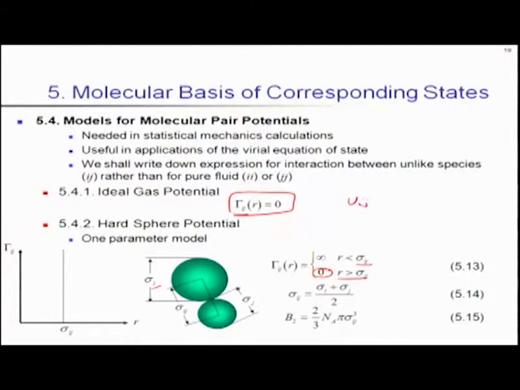If they are at or less than that distance, the potential is infinity. In other words, the potential as a function of r will look like a spike at sigma ij. It is 0, and then it shoots to infinity.